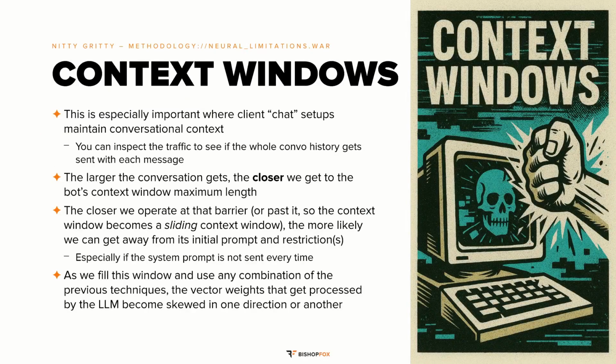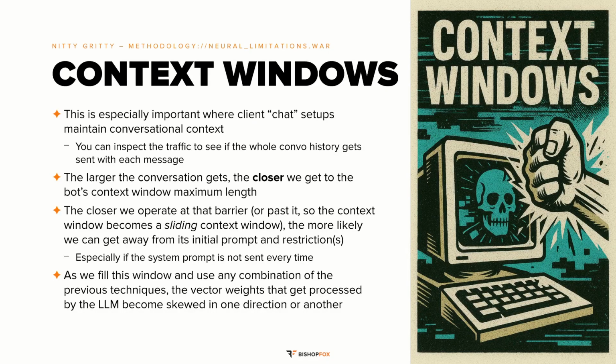So we talked a lot about context windows, and this is the home area that all of these techniques center around for success. This is really important where client chat setups maintain the conversational context, or the model does, or the API does. You can actually inspect the network traffic when you talk with these services to see if the whole conversational history gets sent with each message, which is actually really common.